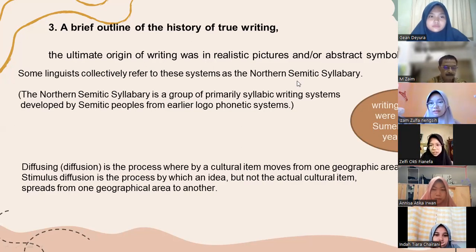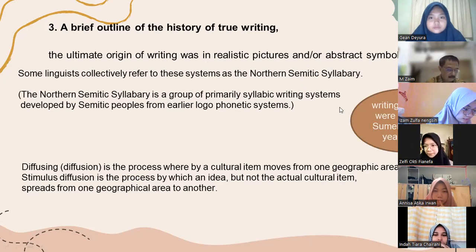The first fully alphabetic system was invented by the Greeks. In fact, the word alphabet is derived from the first two letters of the Greek alphabet, alpha and beta. Some researchers claim independent origin for all logosyllabic systems.